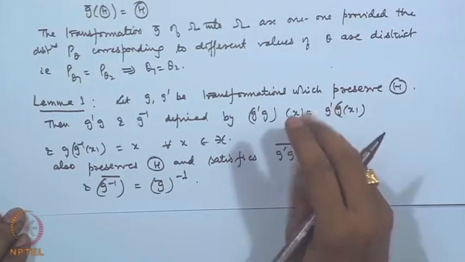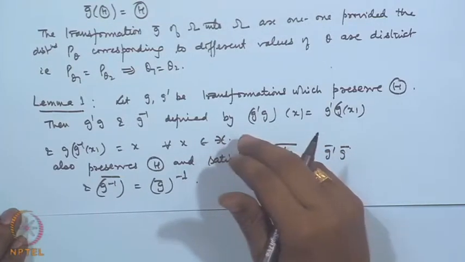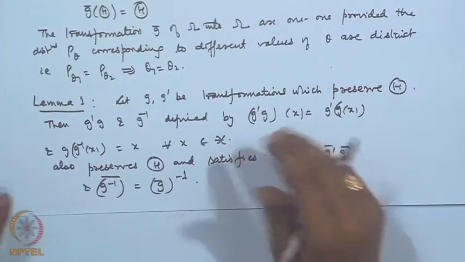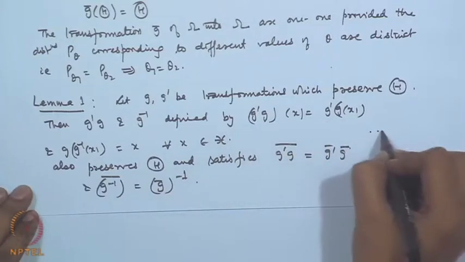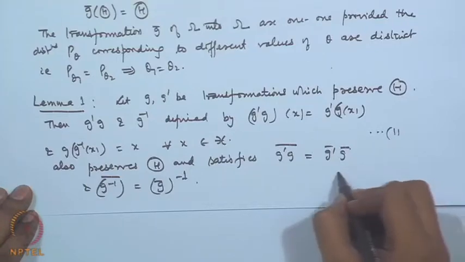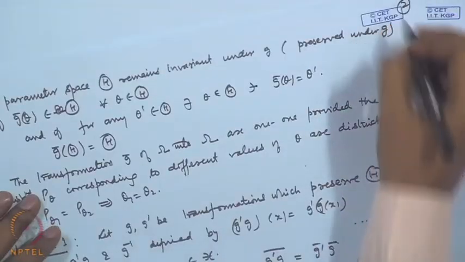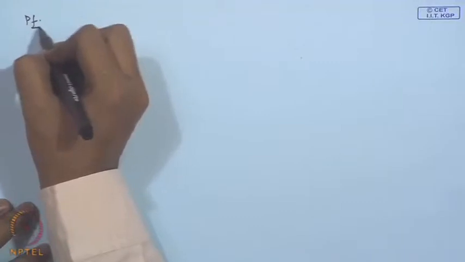These results I had given in the estimation part also. So, let me just briefly sketch the proofs here. These results I am calling 2 and these equations I am calling 1. Let us look at the proof of this.